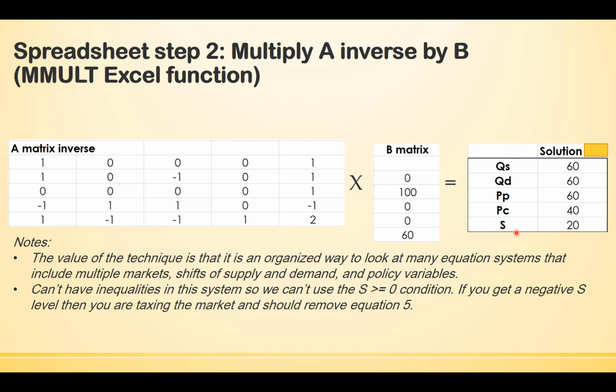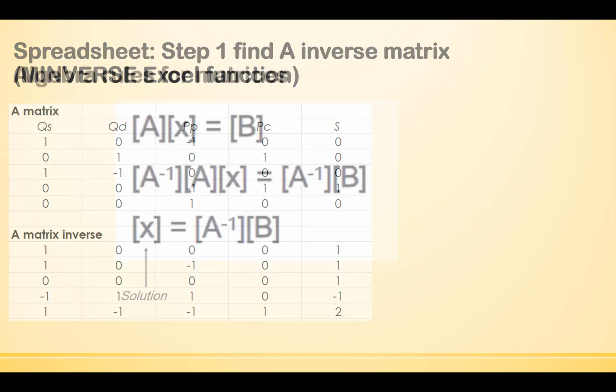Our solution over here is this X, the X matrix, right? How do we get this listing for supply, demand, quantities, producer and consumer prices, and the subsidy level? Well, we know that comes from back here.